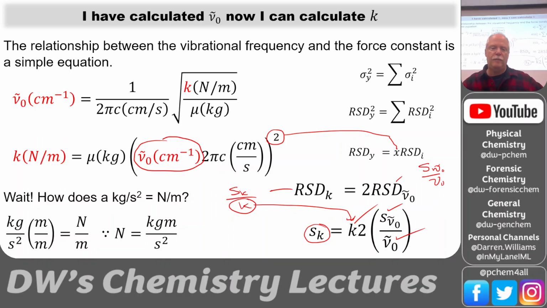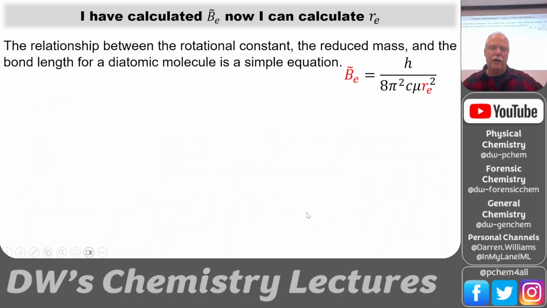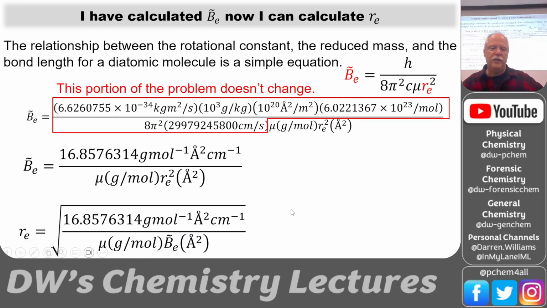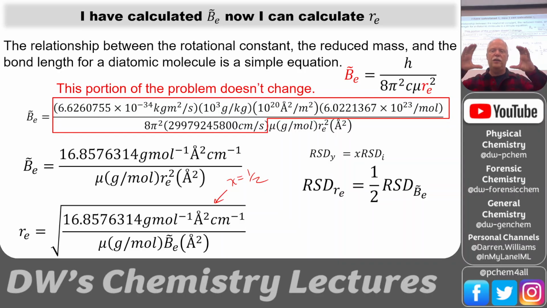Let's do the bond length now. Here's the previous slide, and this is, again, the one that applies. This right here is the square root. So the RSD in our bond length is 1/2 of the RSD of the rotational constant.